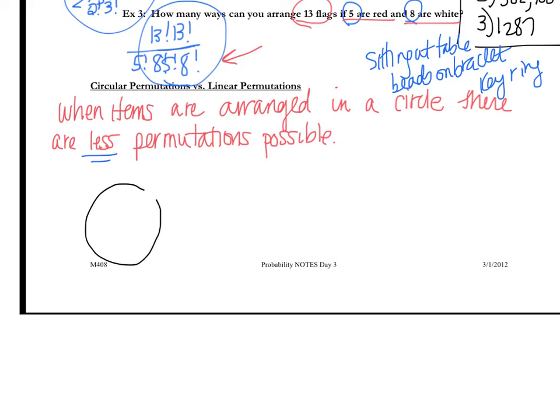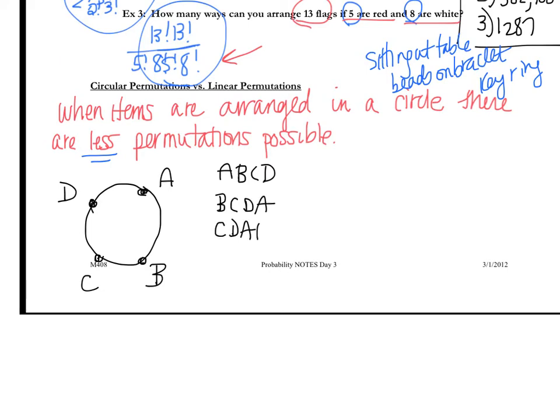Let's say I had a table and I had 4 guests sitting at my table, and we will creatively call them A, B, C, and D. If I were looking at a linear permutation, then the permutations ABCD, BCDA, CDAB, and DABC give me 4 different options.